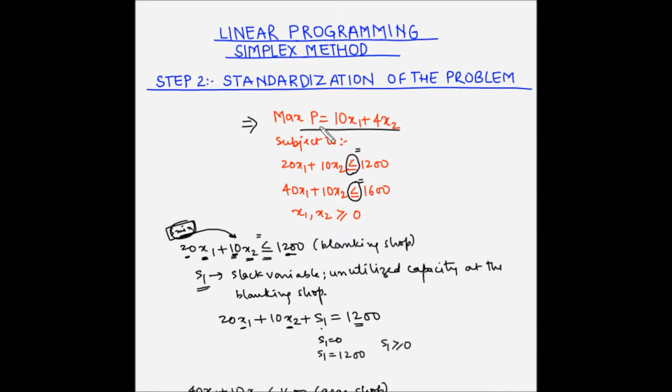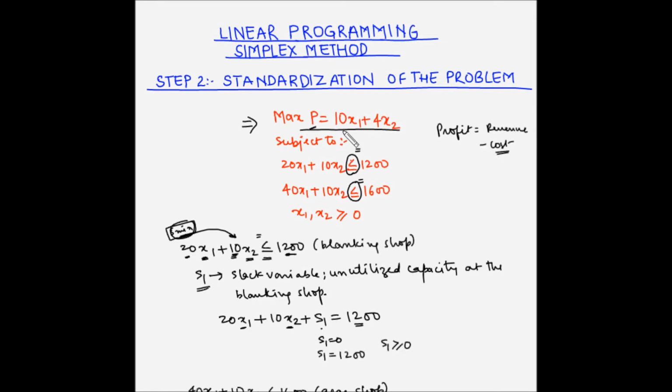Now our objective function includes P, which is nothing but the profit. And profit we know is equal to revenue, that means how much value have we sold, minus the cost, that means how much cost have we incurred to manufacture or source that material.